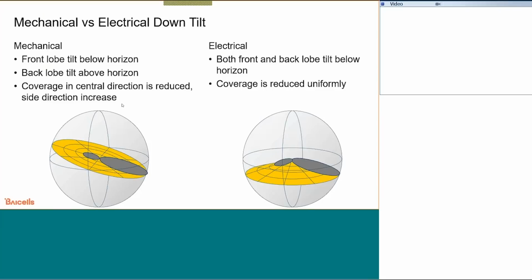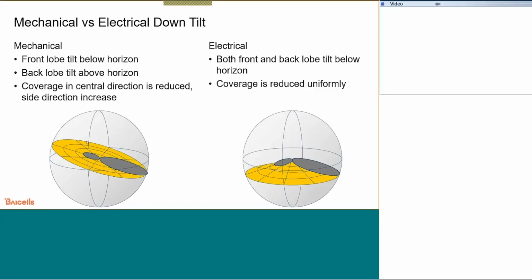It's like having 2 opposing waves. If you have them at equal strength, they will go straight out into the world. If you have one element with slightly less power, that lobe will more likely bend up or down depending on where the weaker power is, and that's how electrical down tilt works.